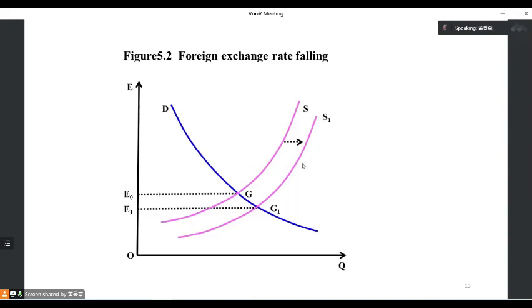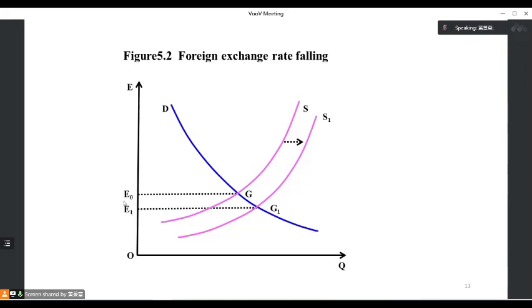And we can find the demand curve crosses with supply curve S1 at point G1, which gives us the exchange rate level E1.